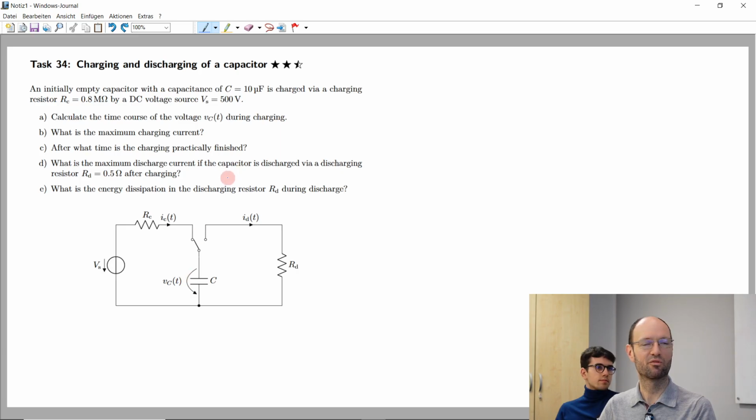And so what we want to do now is to do some mathematical calculation of what really happens here. How do current and voltage behave during charge and discharge?